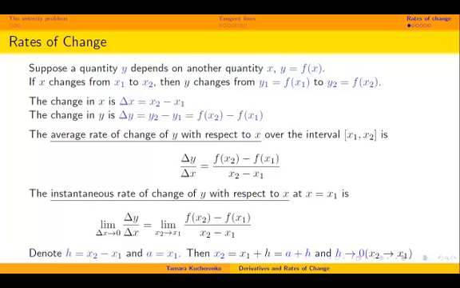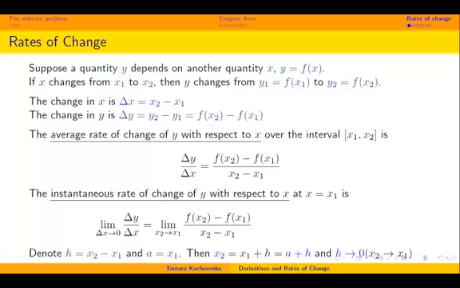Then x2 equals x1 plus h equals a plus h, and h approaches 0 as x2 approaches x1.